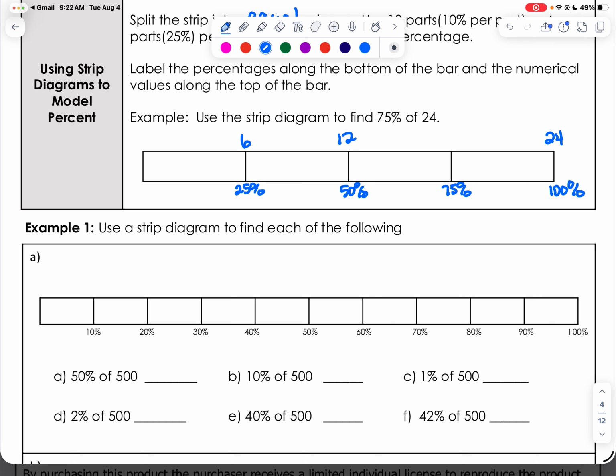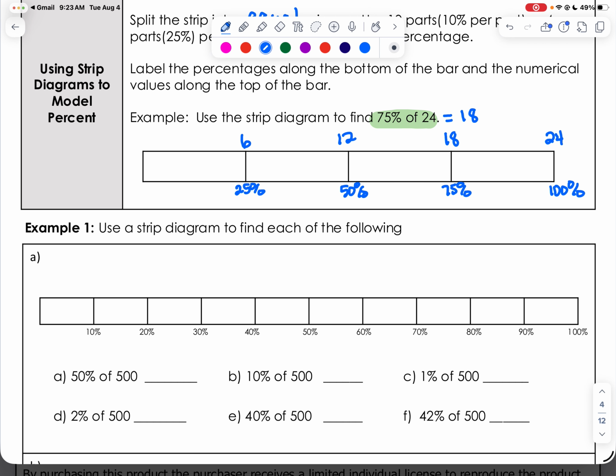Now, what they've asked us to find is 75% of 24. So I know that 25% plus 50% is 75%. So 6 plus 12 is 18. Therefore, 75% of 24 has to be equal to 18.